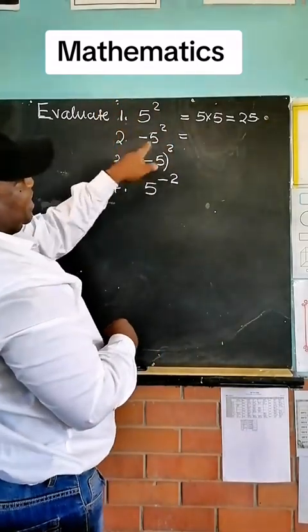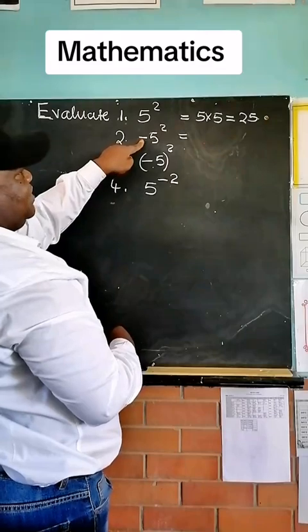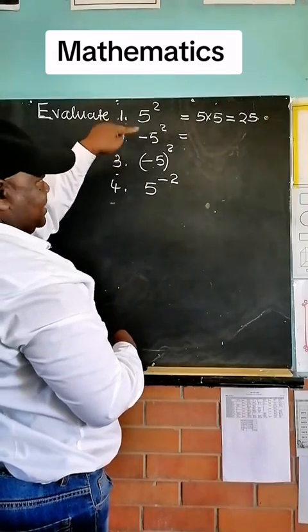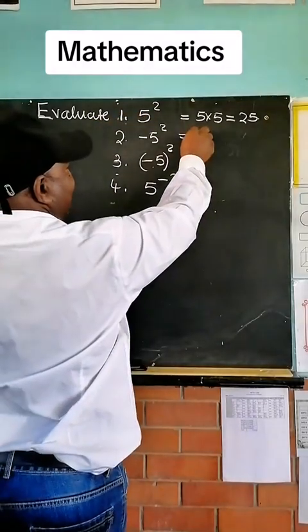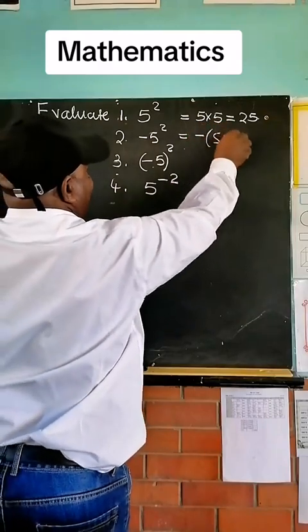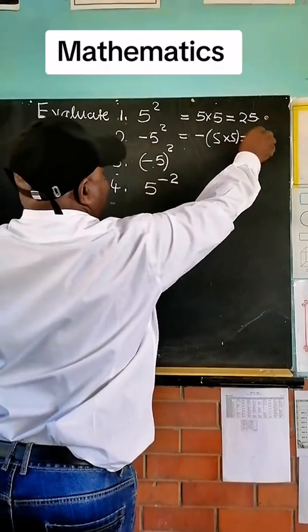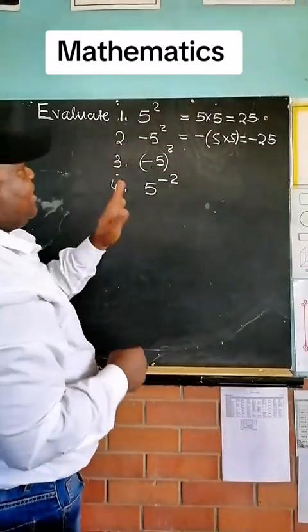So what is being squared is 5. And then the whole product becomes negative because the negative is still existing and is not affected by that. So my answer is negative 5 multiplied by 5, which is equal to negative 25. In this case, the minus continues to be there.